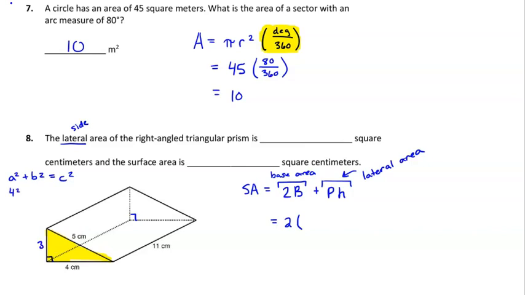We've got 4 squared plus b squared equals 5 squared. That gives me 16 plus b squared equals 25. And then when we get b squared by itself, that's going to be 9. And then of course b equals 3. All right, and so 3 is our height for this one.